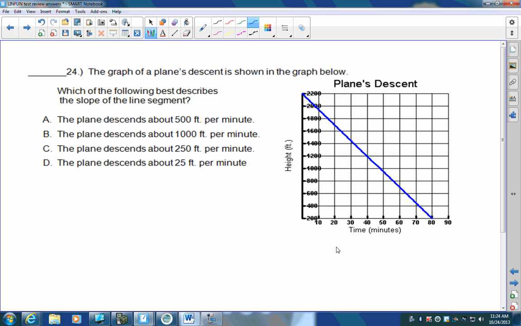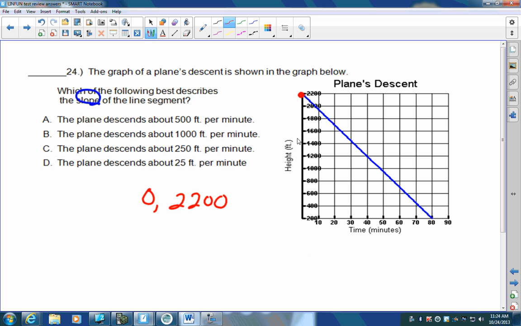The next one, it says the graph of the plane's descent is graphed below. Which best represents the slope? Some people go through and count the number of lines. That's not what you should do. In this case, I find that I have a y-intercept of 0, 2,200.